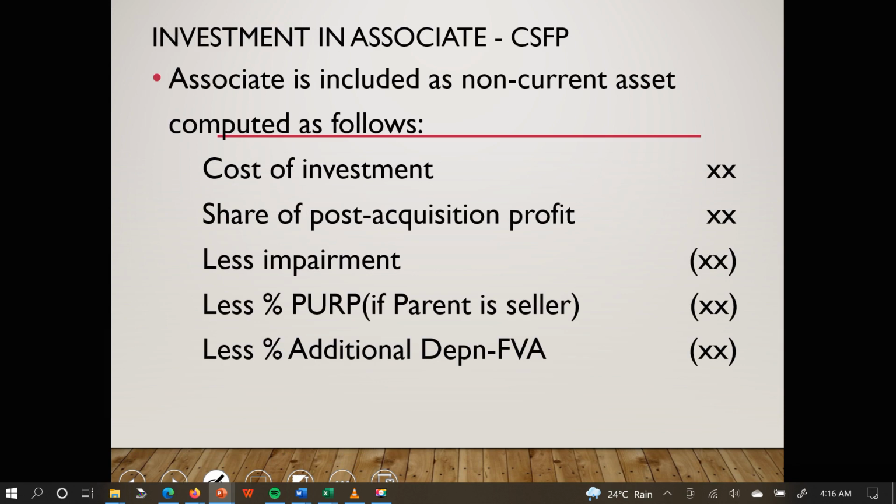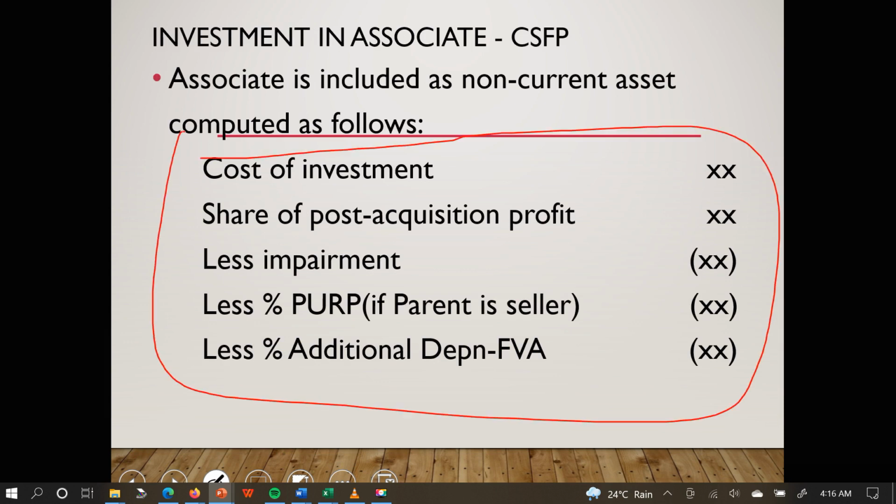Now, when we talk about calculating one figure using the equity method, this is the way you go about it. Initially at cost, so on day one at cost. Subsequently, you want to know whether your investment is increasing or decreasing. You add the investor's share of post-acquisition profit or deduct the investor's share of post-acquisition loss.